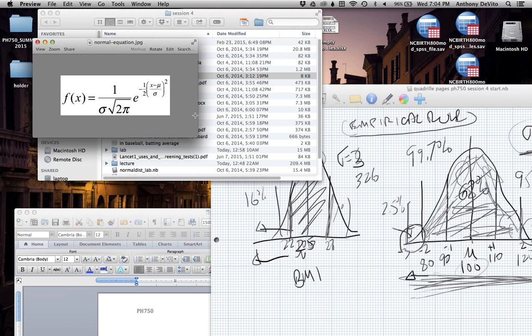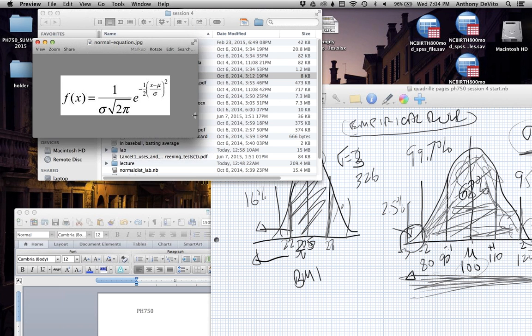There's x and mu in there, right? The particular value and the mean are in there somewhere along with the standard deviation. As you go from way below the mean for x to way above the mean for x, that f of x, that y value, goes up, peaks, and then comes down again, right?